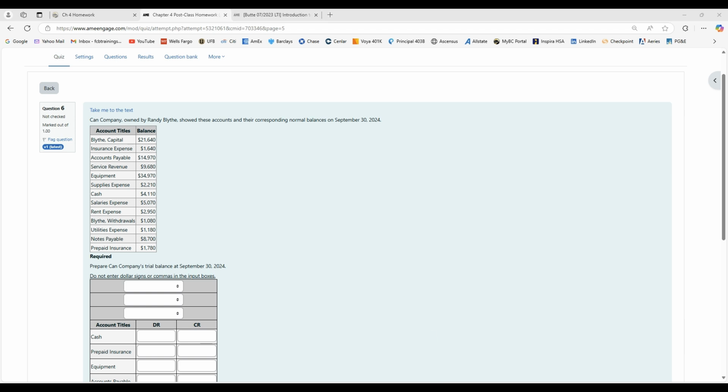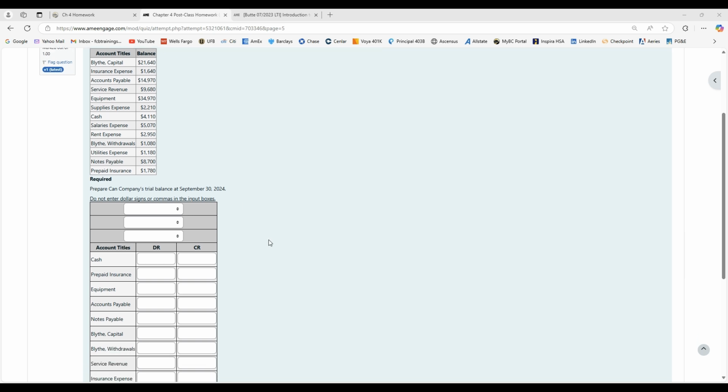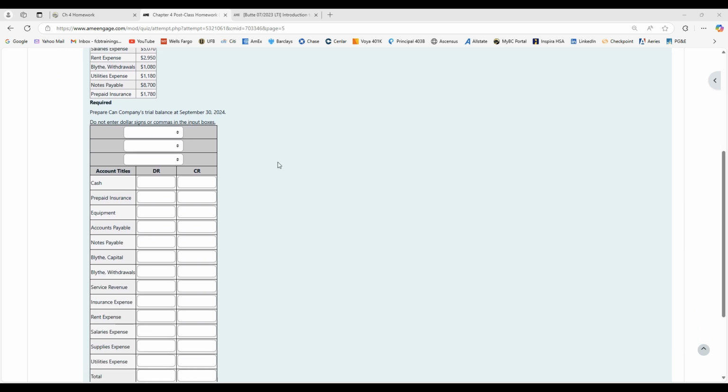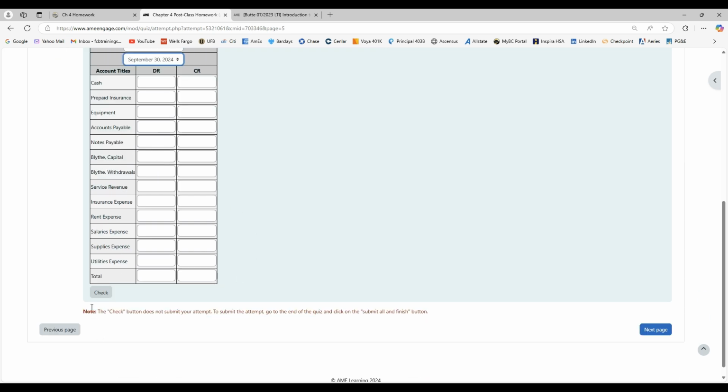And so we, as our budding accountants learning all of our skills here, can practice those skills by going through and organizing this information and putting a trial balance together, basically. So that's what a trial balance is, just that organization of the accounts, essentially.